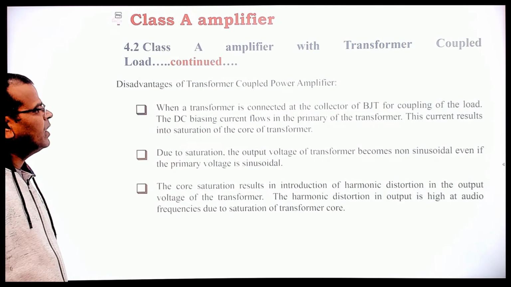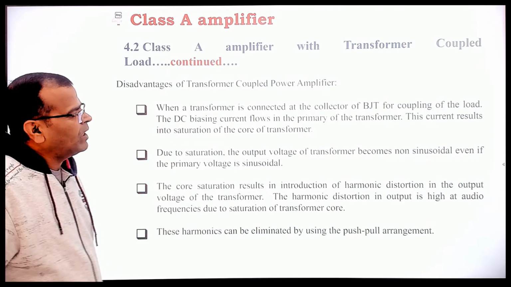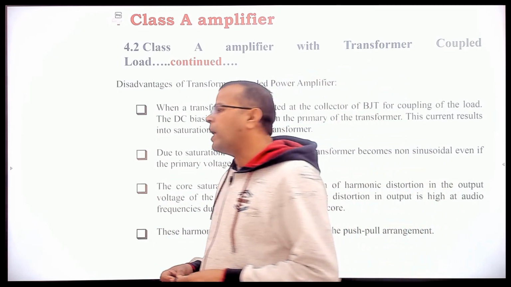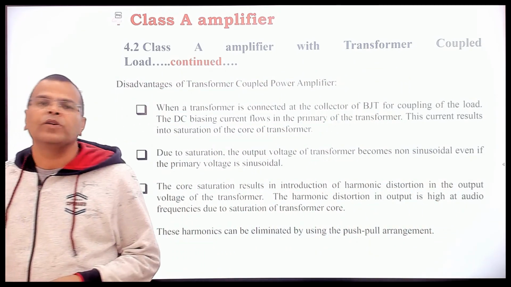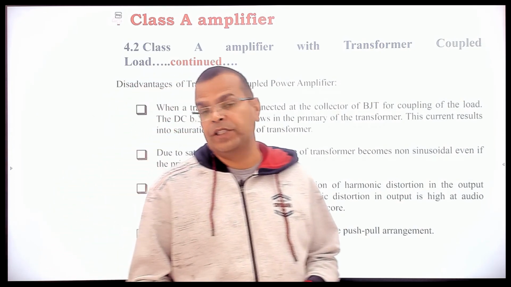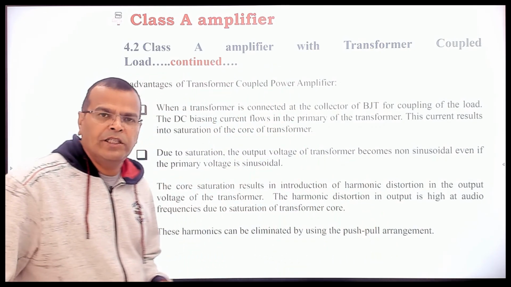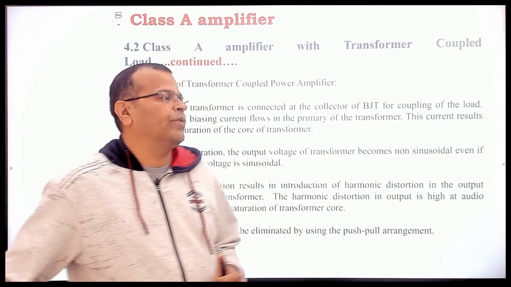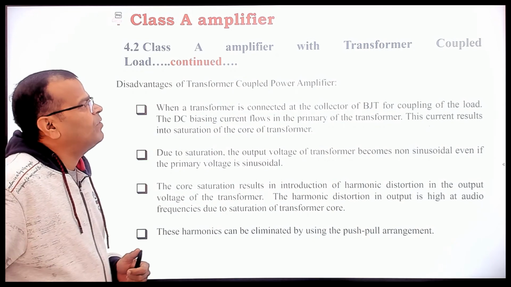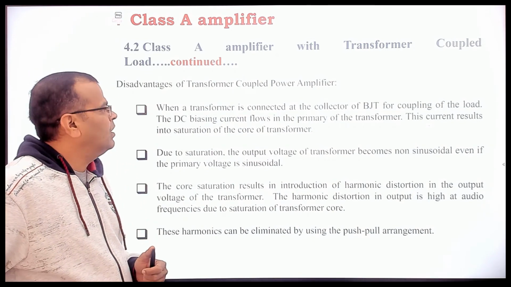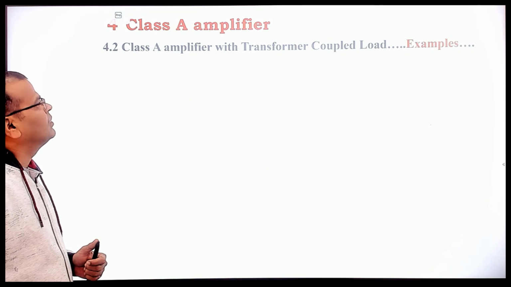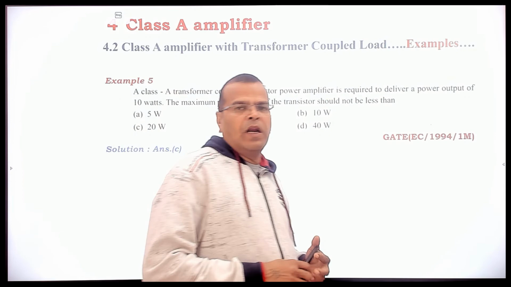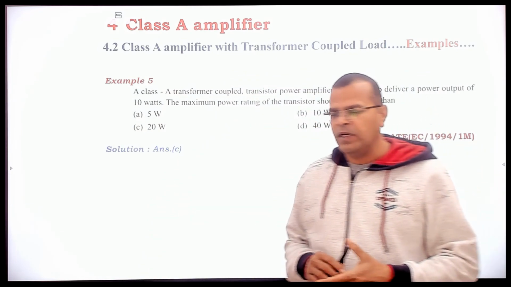Fine, so that is undesirable, and these harmonics can be eliminated by using push-pull. There is an arrangement called push-pull arrangement. That amplifier does not have the problem of core saturation or the problem of additional harmonics in the output of the amplifier, right? So this is your class A amplifier with transformer coupling.